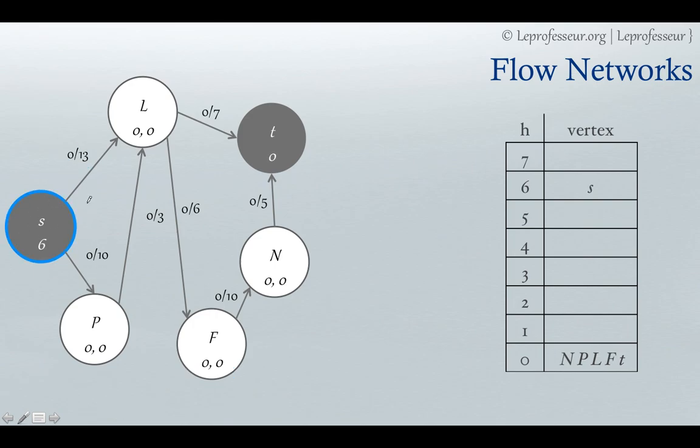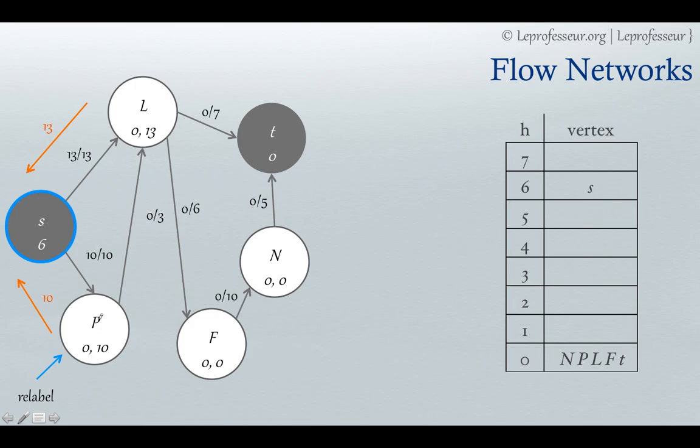As you can see, the source node has the height 6. As we said, we initialize the height of the source vertex to 6, which is equal to the number of vertices in the graph. In the table you can see that S is at a higher altitude, value 6. What are the adjacent nodes to S?